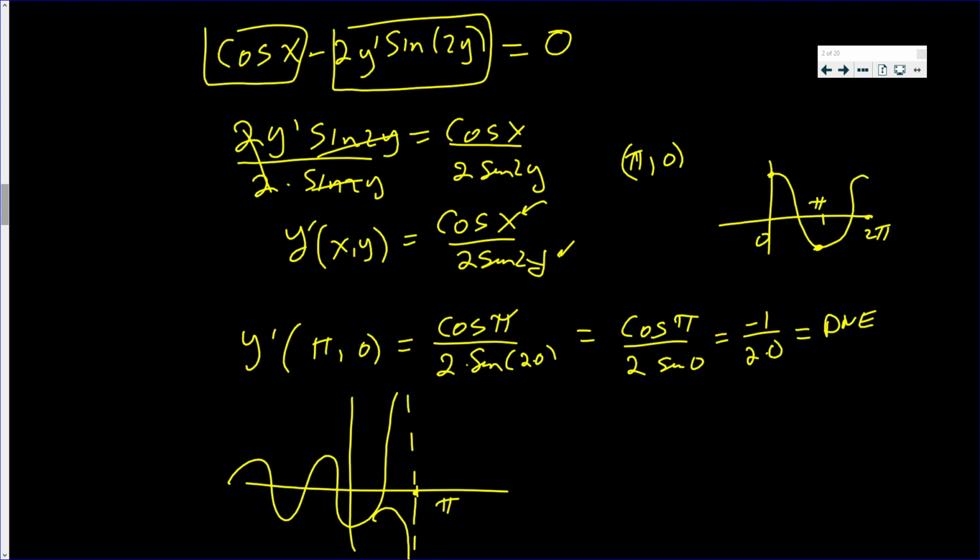I don't know. I don't care. When I'm above pi, I have no idea what it looks like. But I know that either it's going to get closer here, or it's going to get closer here. That means that the function is not even defined at (pi, 0).